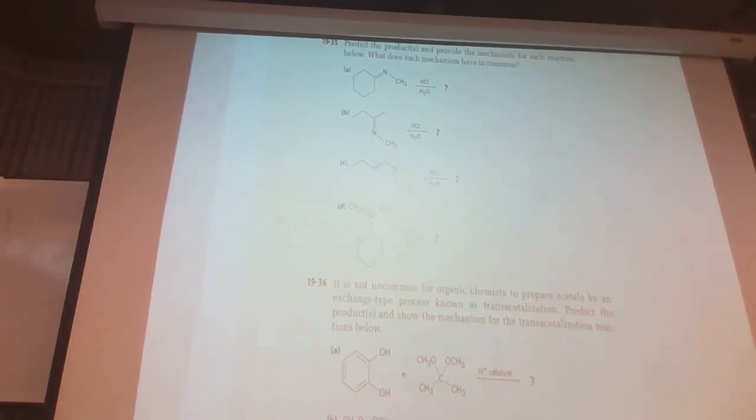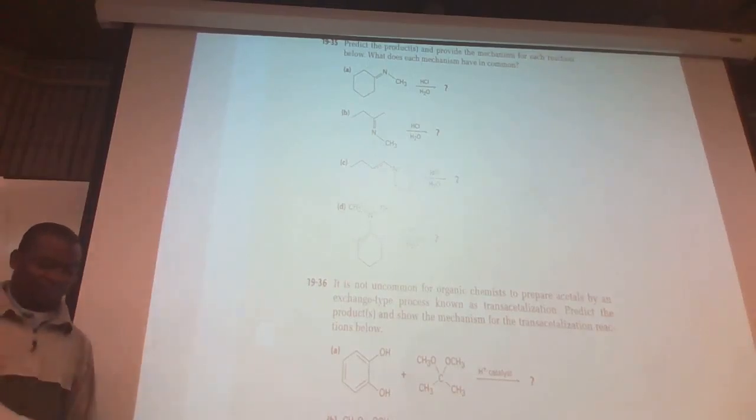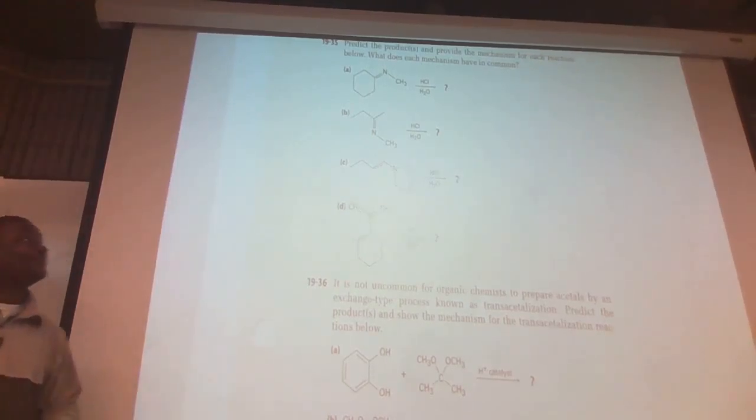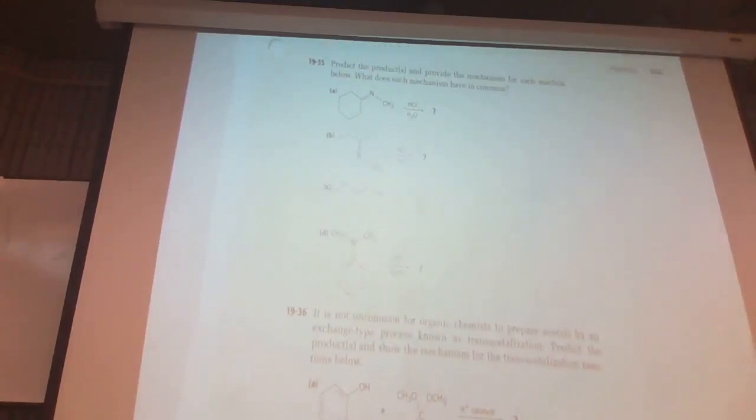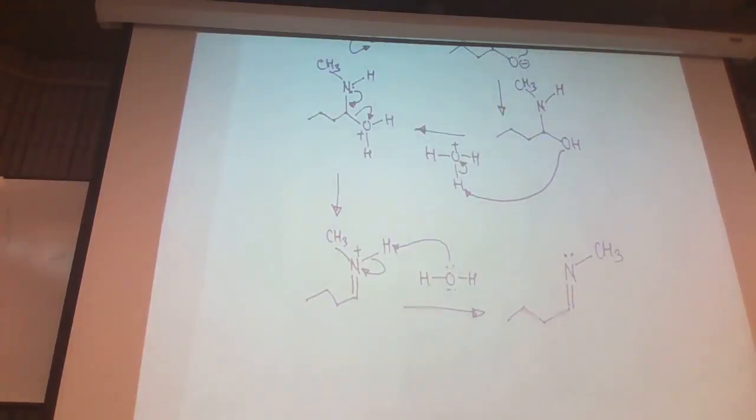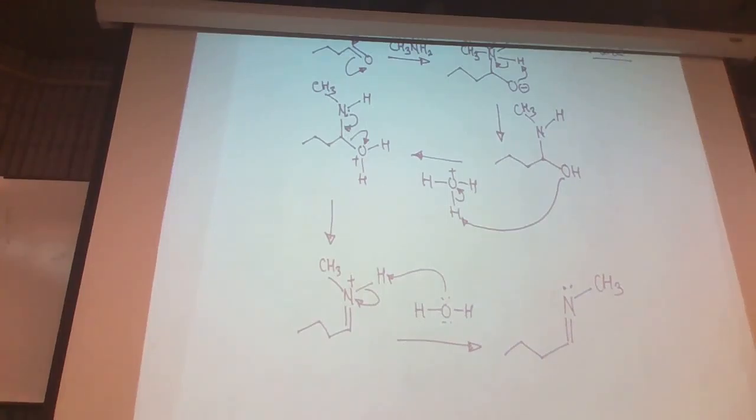Which one? 1935 A. What do you guys think it will form? Okay, so do you recognize that product as an intermediate in any of these steps here? It's just a reverse reaction.